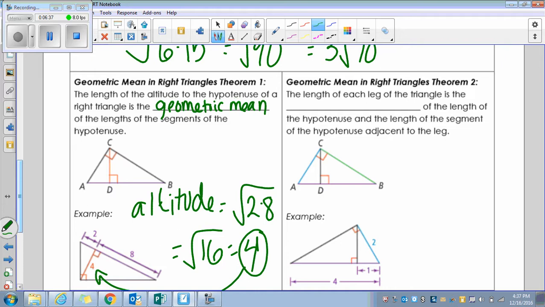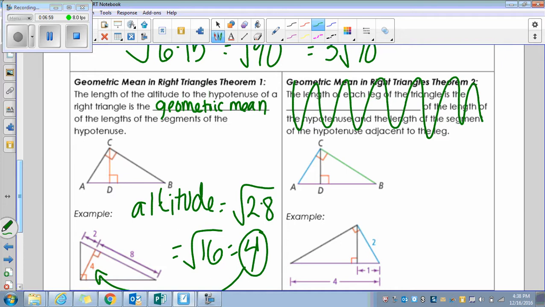Let's go over on this side here. And we don't really want to talk about this part. So let's just go down to another example. So remember, my altitude should be equal to the splitting up of the hypotenuse.